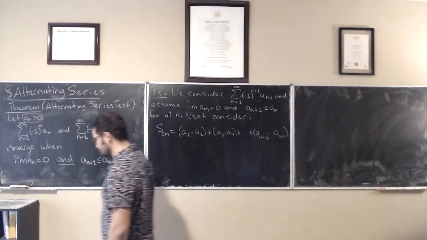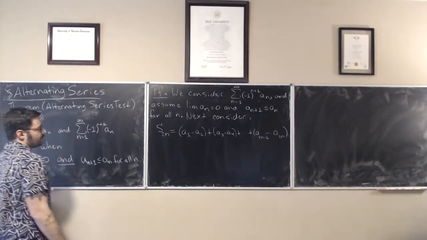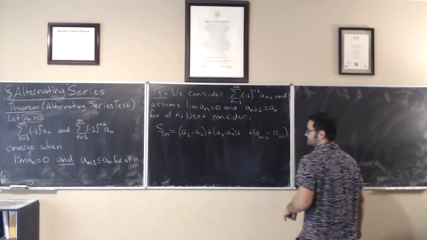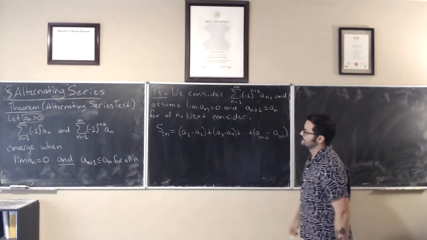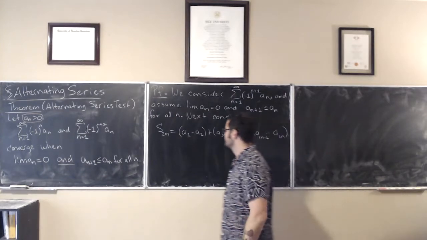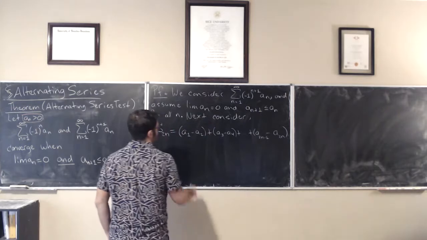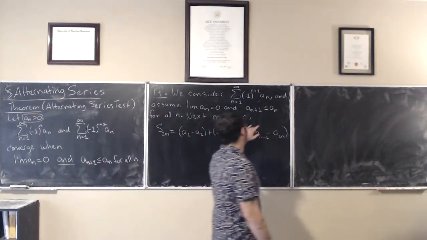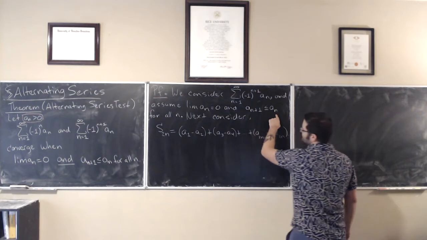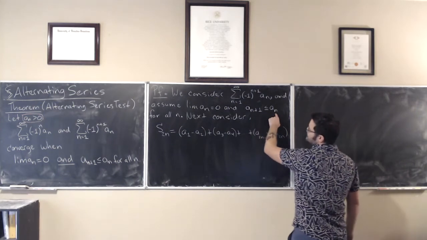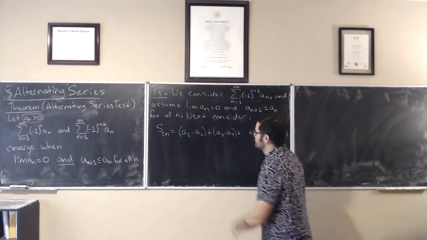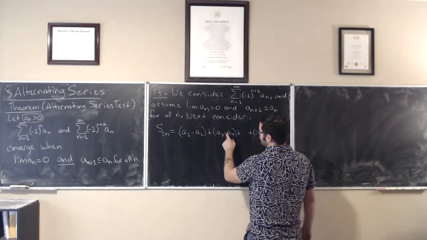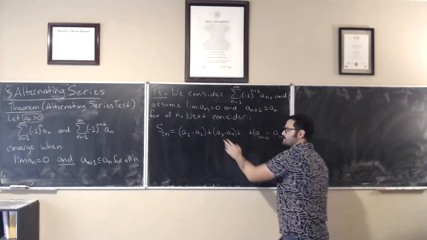One thing to notice here is that each of these terms is greater than or equal to 0, because the sequence of terms is non-increasing: a_2 is less than or equal to a_1, a_4 is less than or equal to a_3. So this is greater than or equal to 0, and that is greater than or equal to 0.